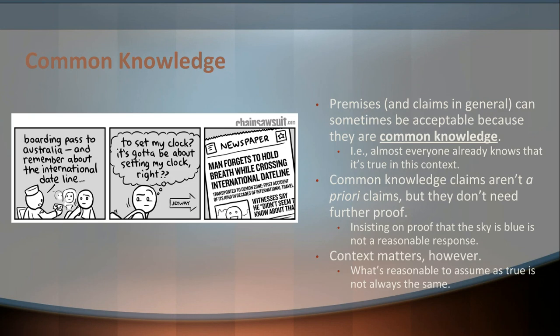Now, another one that is somewhat immediate, but a little more suspect than the first two, are things that we can consider common knowledge. And when we talk about common knowledge, we don't mean that lots of people think it. Common knowledge here, we're talking specifically about the things that almost everybody already knows, given the context that we're operating in.